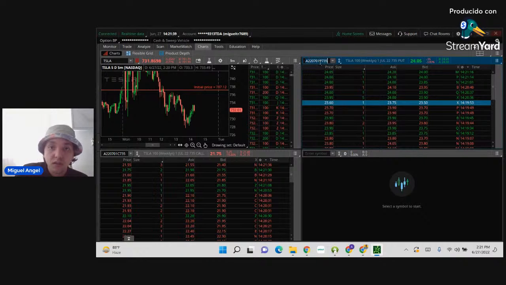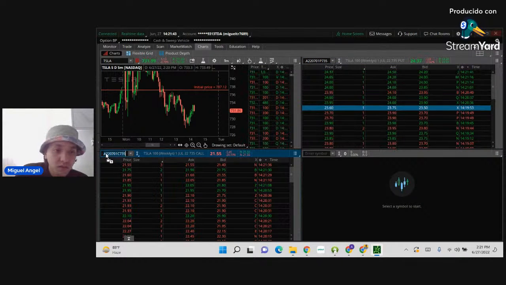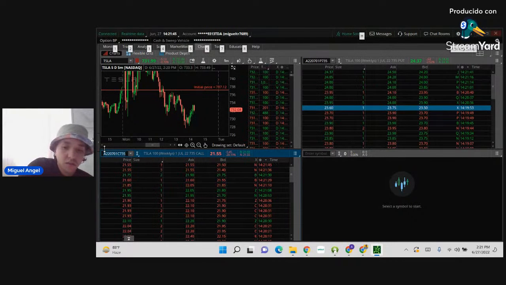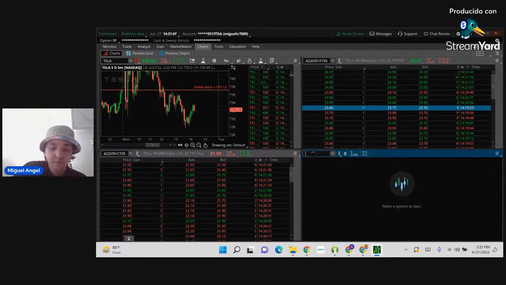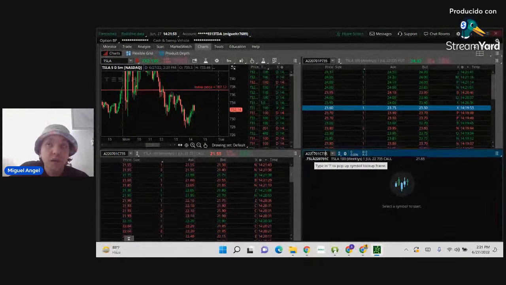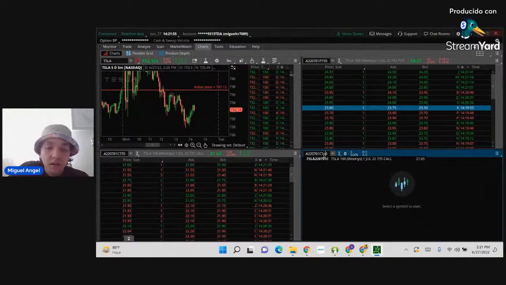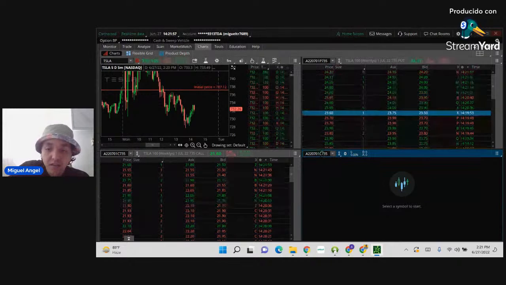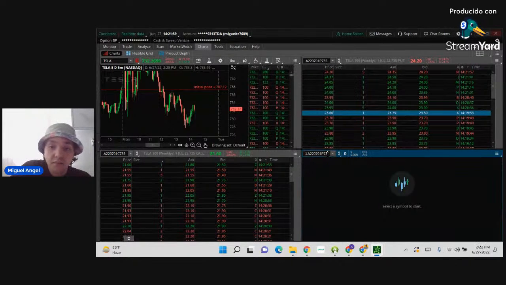So let me show you another thing I place here. If I see that the tendency is kind of bearish or bullish, I'll be placing here another option contract based on the tendency. So right now I see a lot of bearish movement.